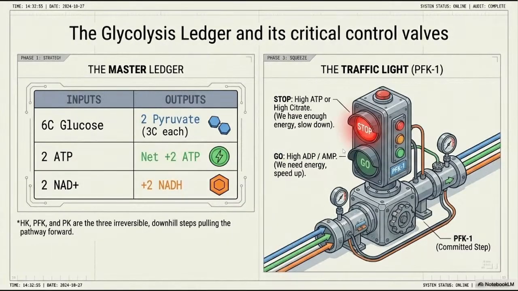So the next one is, let's now see the glycolytic ledger and its critical control points. I've just told you last week, I think I told you, that there is no reaction that will take place in the cell that the cell will not regulate.